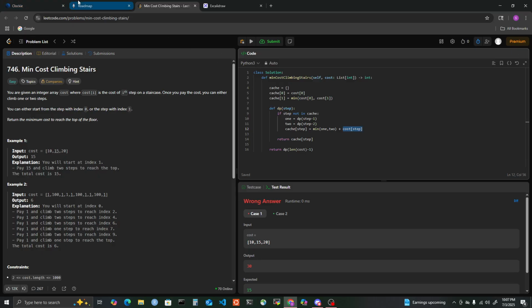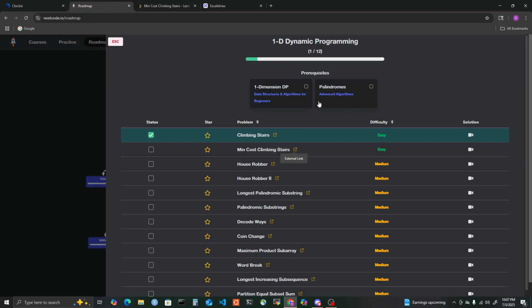Whenever I was looking at his solutions, his top-down solution was a bottom-up solution. I don't agree with that. To me, that's just tabulation, but with recursion. I disagree.